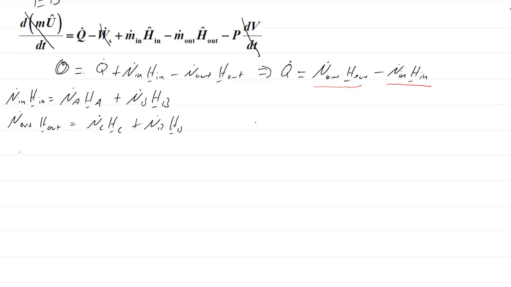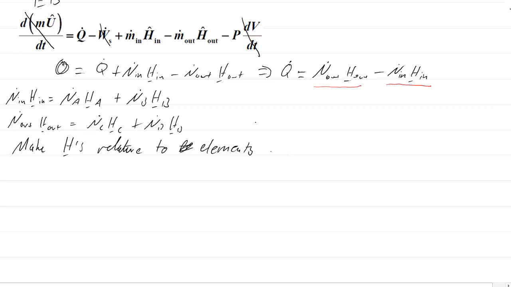Okay, and so to do this, I'm going to say, let's make the enthalpies relative to elements in standard state at 298.15 Kelvin, where the enthalpy is equal to 0.